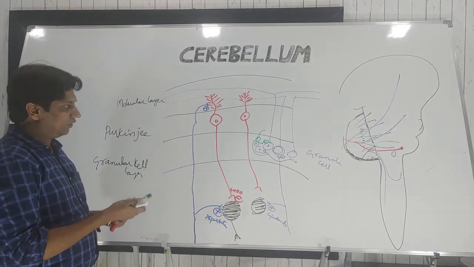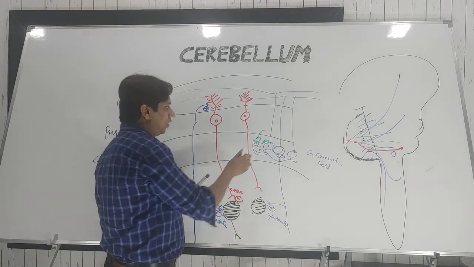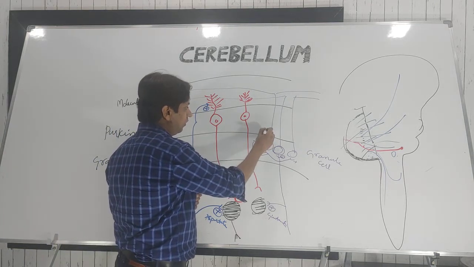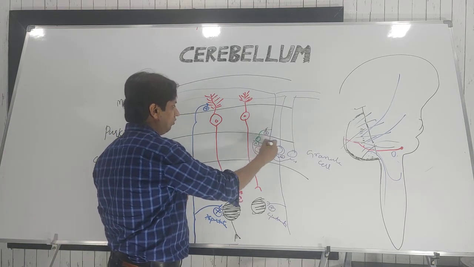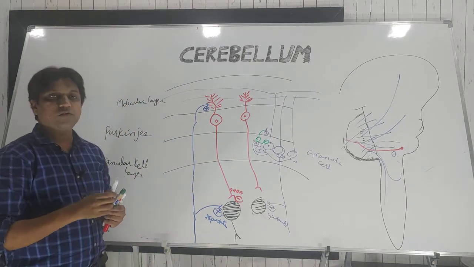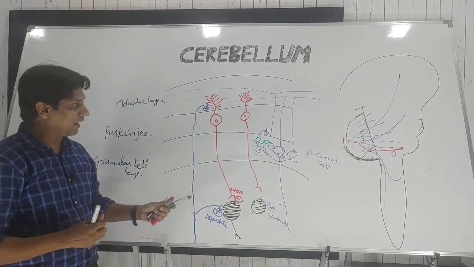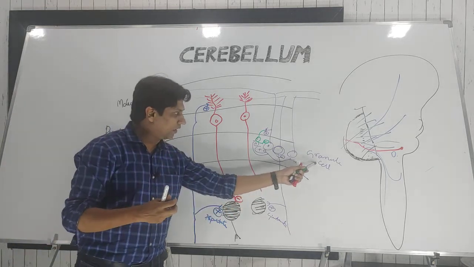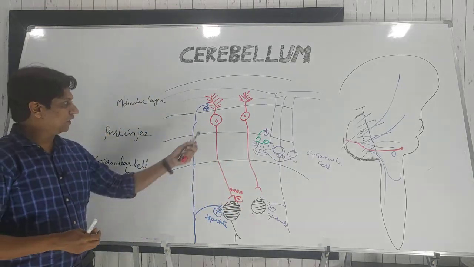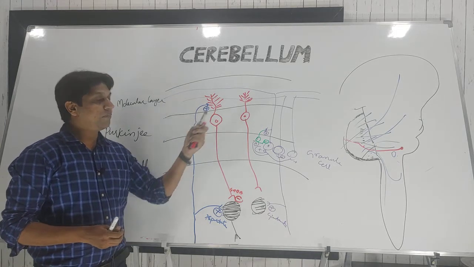The granule cells again stimulate the Golgi cells, but in turn they will be inhibited. So in the granular layer, there are two types of cells, remember: granule cells and Golgi cells. In the Purkinje cell layer, there are only Purkinje cells.